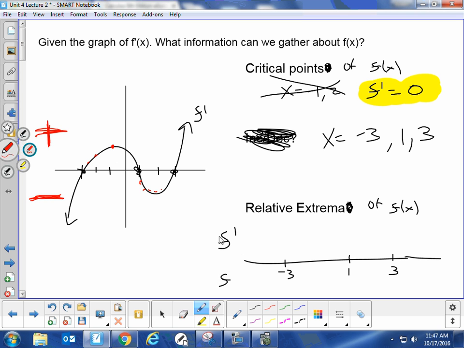Well, between negative infinity and negative 3, these values are negative. Between negative 3 and 1, all of those values are positive. Between 1 and 3, like at 2, whatever this y value is, maybe it's negative 2. That's a negative value. And after 3, positive. That's telling you what f is doing.